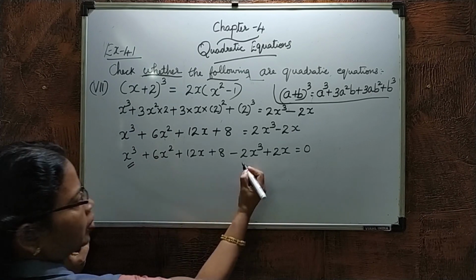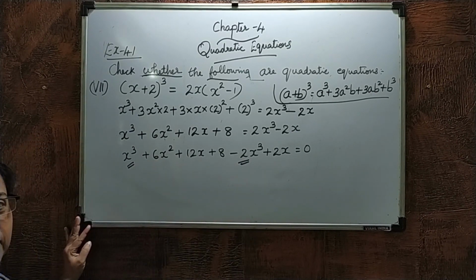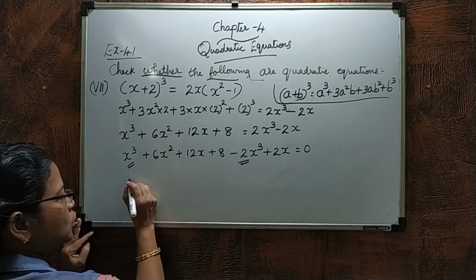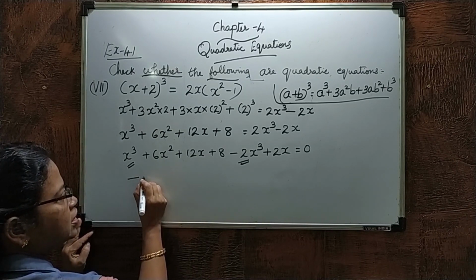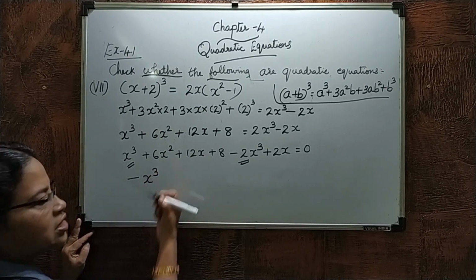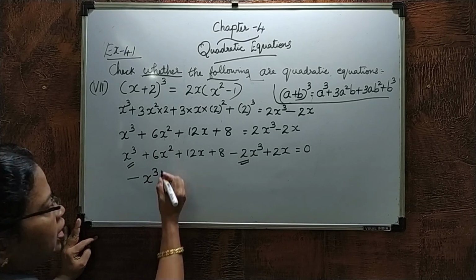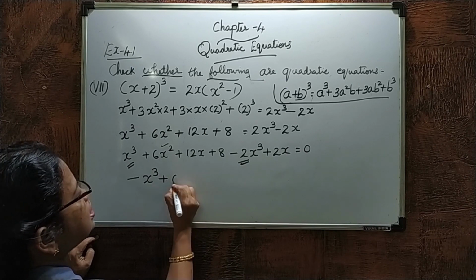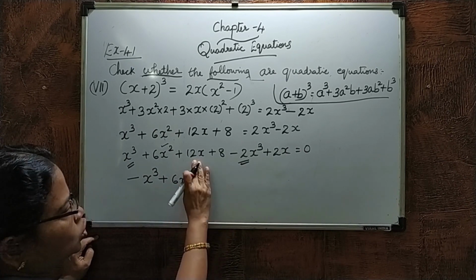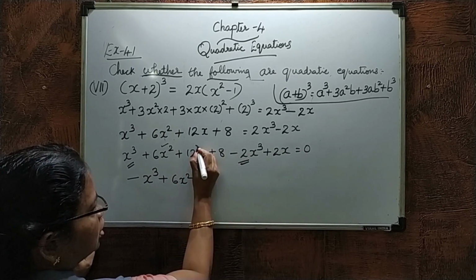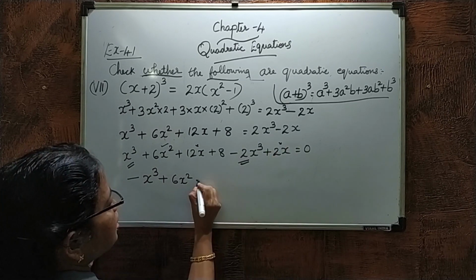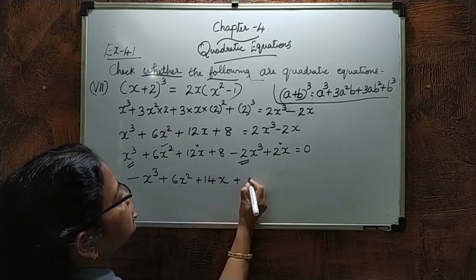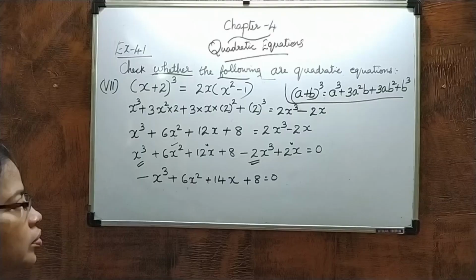Now x cube minus 2x cube, what will I get? Here 1 is there, here minus 2. 1 minus 2 is minus 1, x cube, that means minus x cube. Then 6x square and nothing else, so only plus 6x square is there. 12x plus 2x is 14x. Balance plus 8 equal to 0.